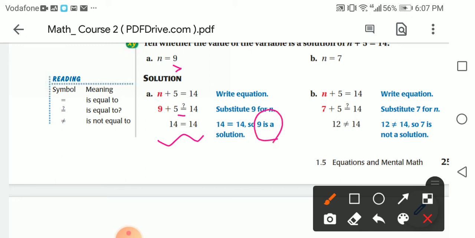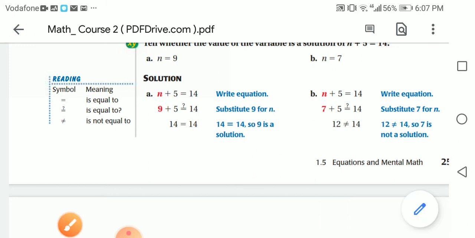So 9 is a solution. When I say n equals 7, so n plus 5 equals 14, substitute 7 for n. 7 plus 5 gives me 12. So it's not equal to 14. Okay? Is it clear? And can you see the samples here?